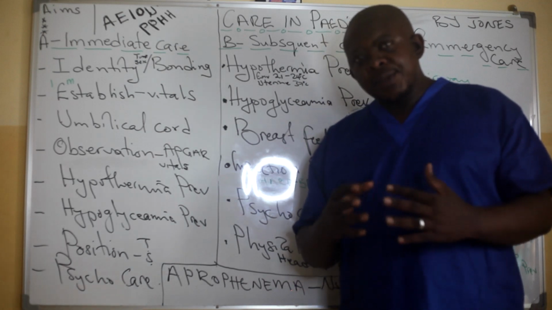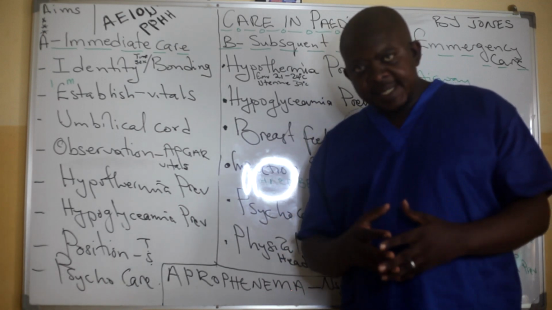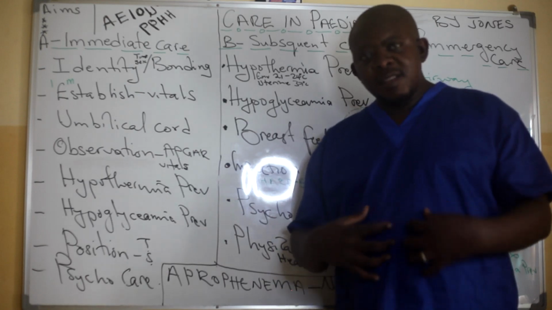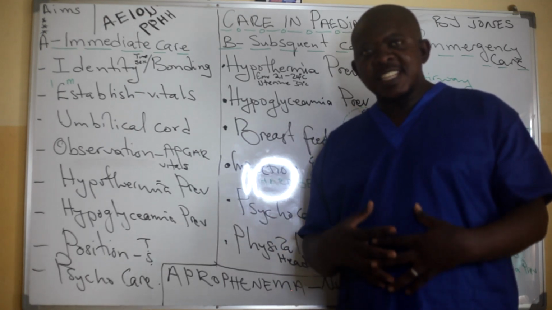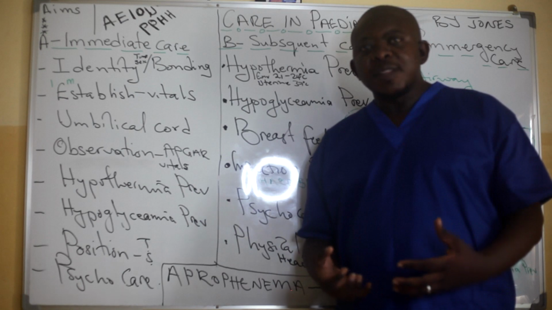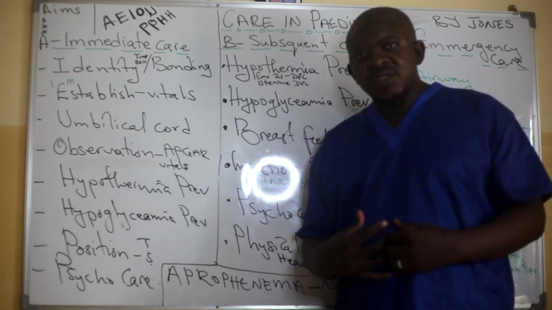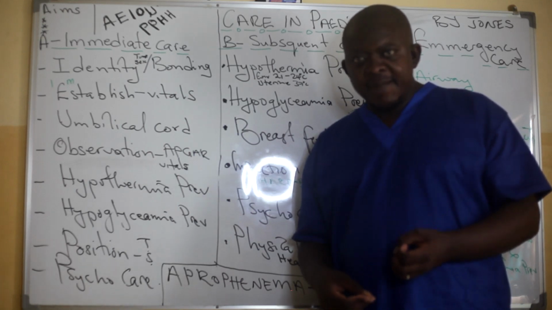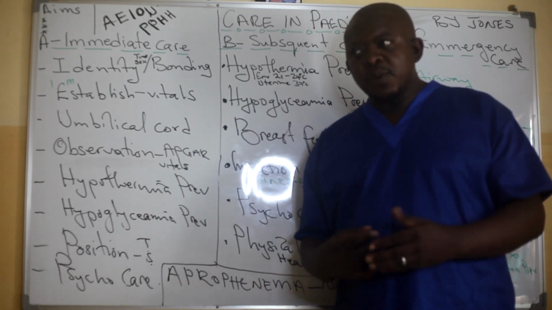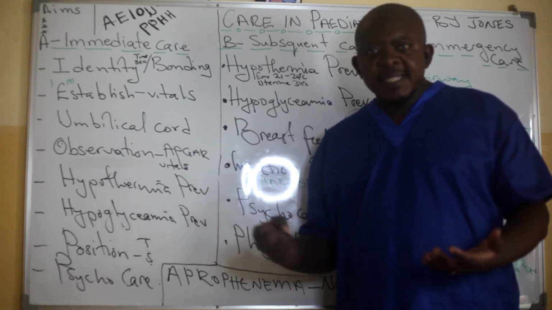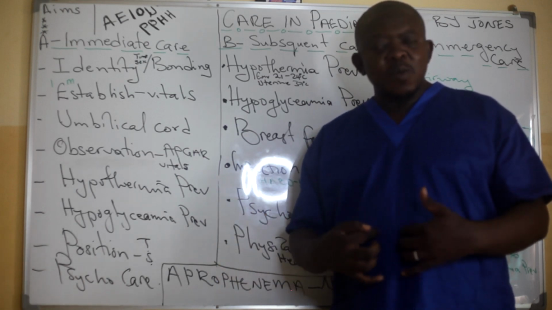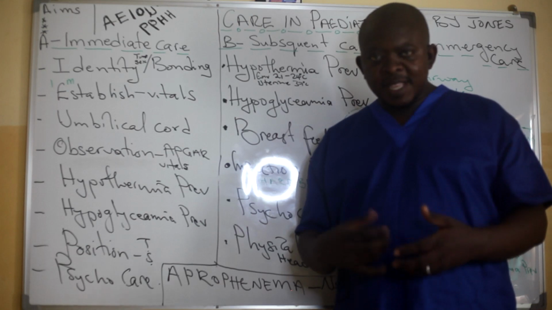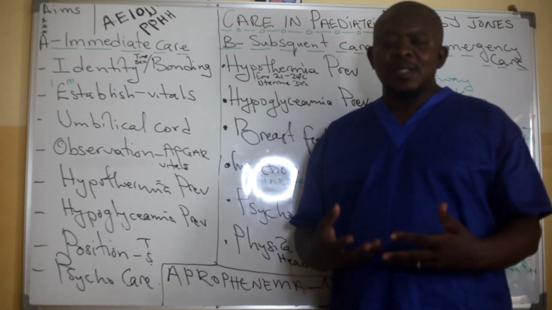There is also another benefit to this, which is to encourage the proliferation of normal flora within the GIT, because when the baby is born, the intestines are sterile and there is no manufacturing of vitamin K. So the baby is prone to having bleeding that may not stop, because the normal flora that is supposed to manufacture vitamin K, which is needed for clotting, is not there.